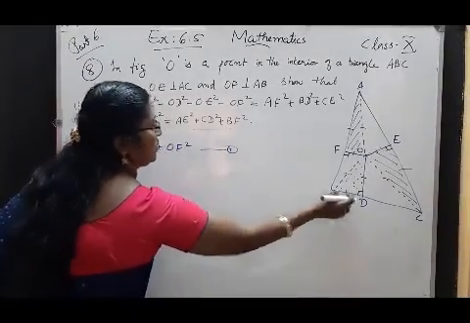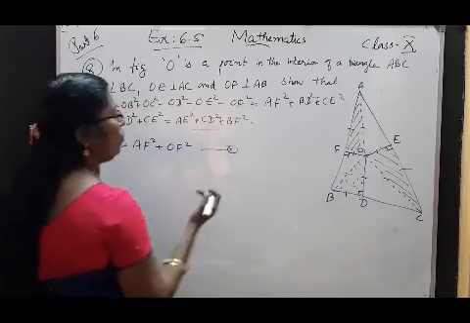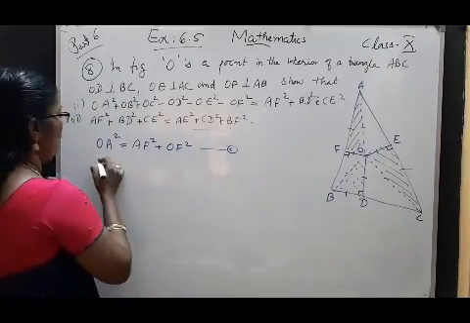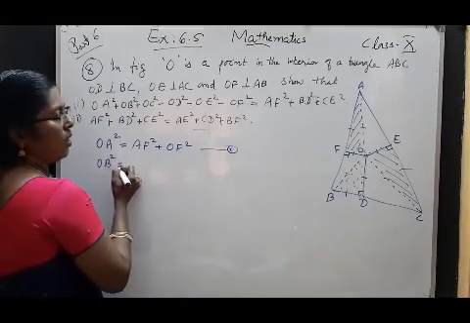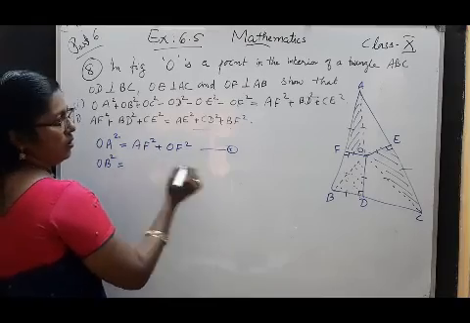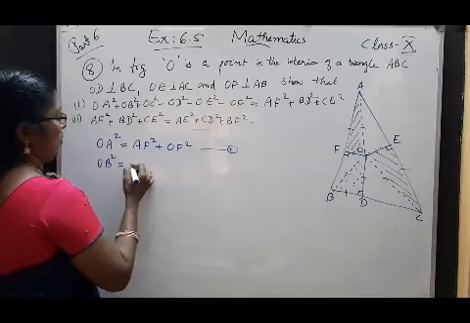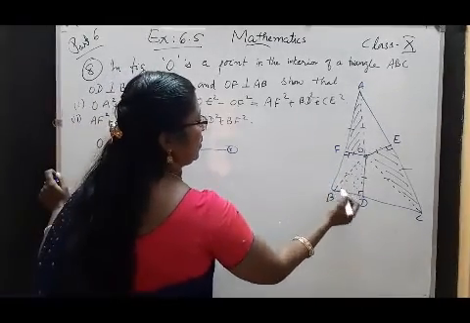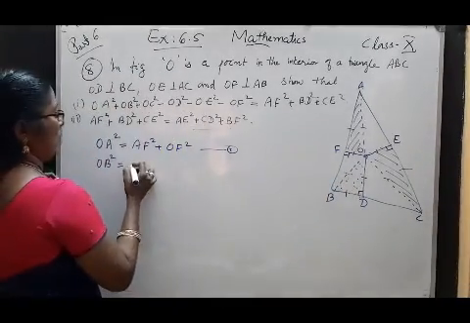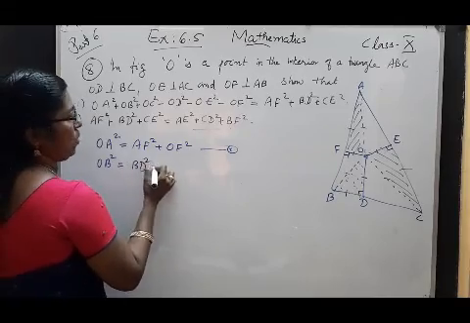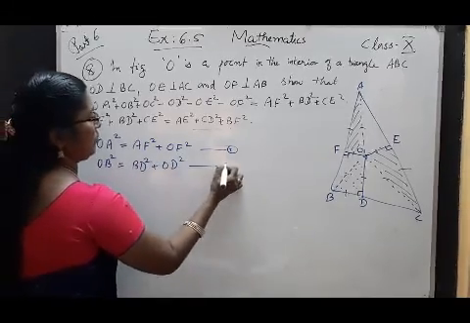Then consider the triangle BDO: OB square equals OD square plus BD square.